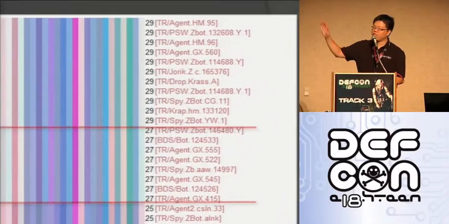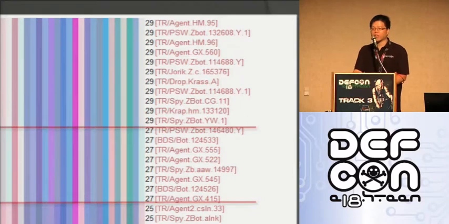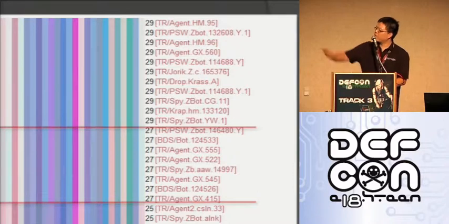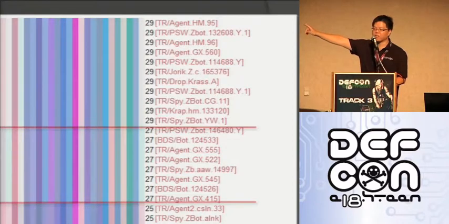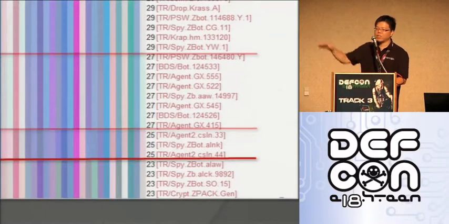All these malware instances happen to be the same malware family called ZBot, or Zeus. Even the first upper block is all ZBot, and even the second block is all ZBot. So a total of these 26 are all ZBot instances.